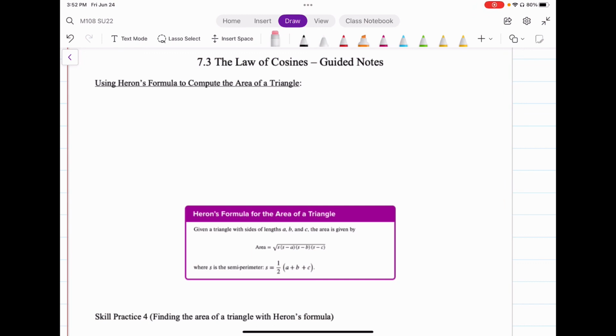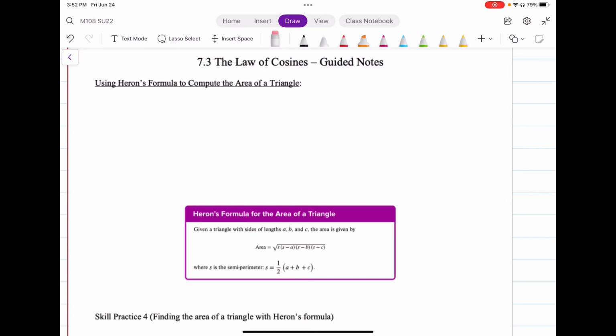So s is the semi-perimeter, meaning you find the perimeter and cut it in half. And then to find the area, you take the square root of s times s minus one side times s minus another side times s minus the third side. And this will give you the area.